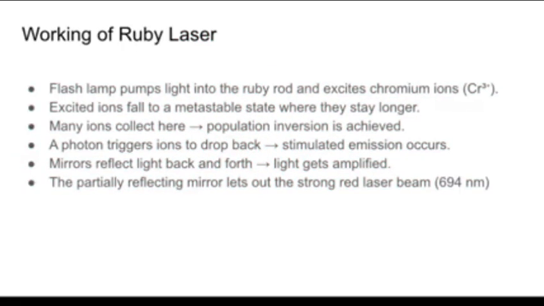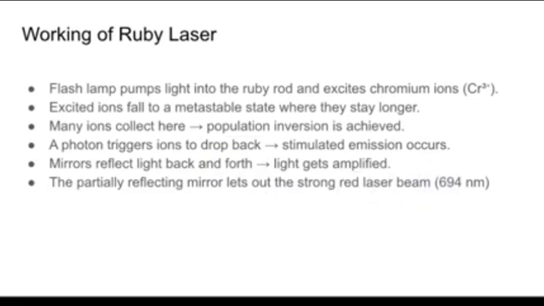Working of the ruby laser. First, light pumps the ruby rod with chromium ions. Second, the ions reach a metastable state, and due to the collection of ions, population inversion is achieved. After that, stimulated emission occurs, and due to the back and forth motion of the light, it is amplified.